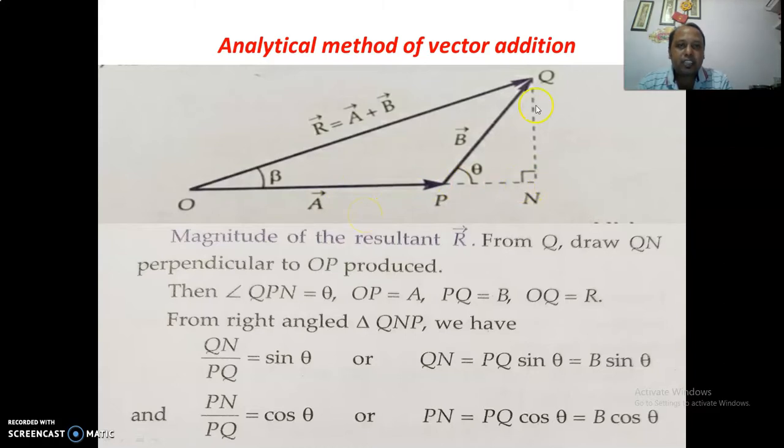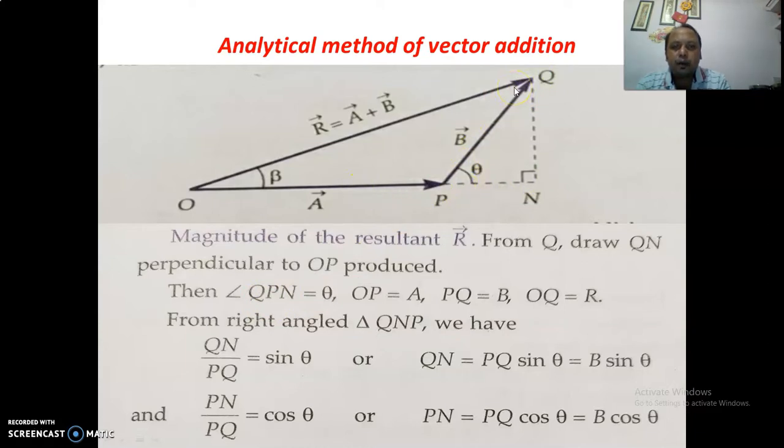So the two lines here, QN and PN, make an angle of 90 degrees here. Now, this angle QPN is actually the angle between vector A and vector B.